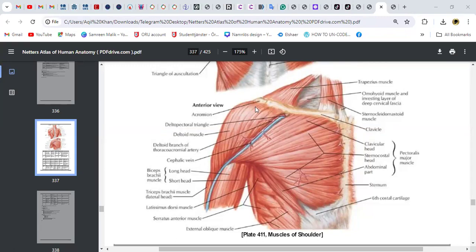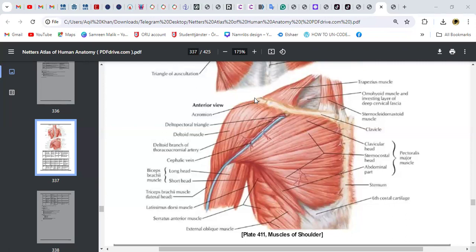So basically, since the clavicle is at the front, it helps in medial rotation and flexion of the arm, not the forearm, the arm. And the part which takes its origin from the acromion and, as I told you, the inferior edge of the spine of the scapula, that causes lateral rotation and part of extension of the arm.